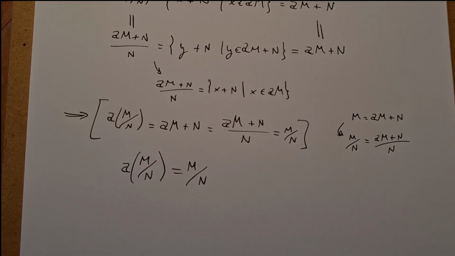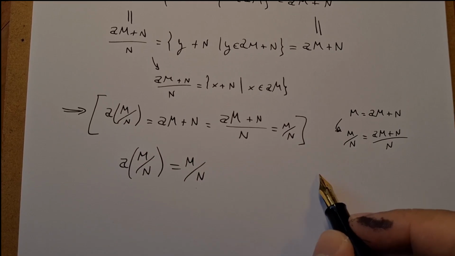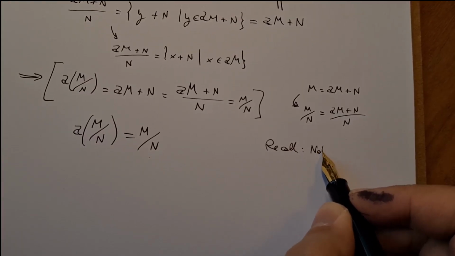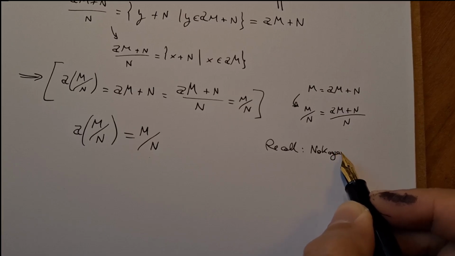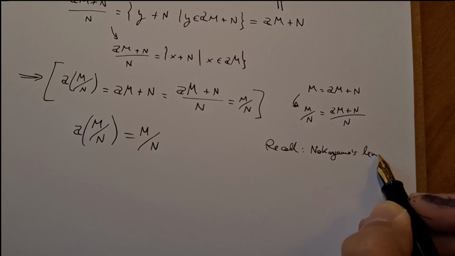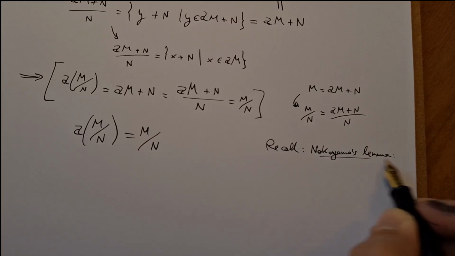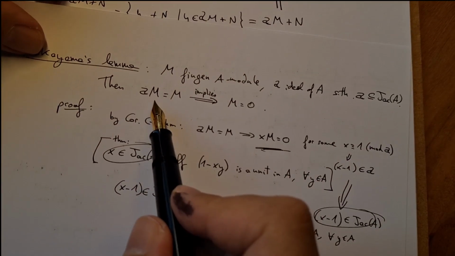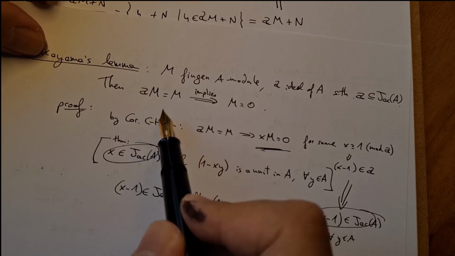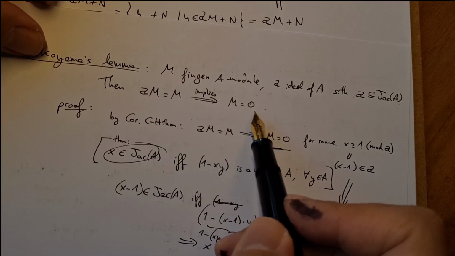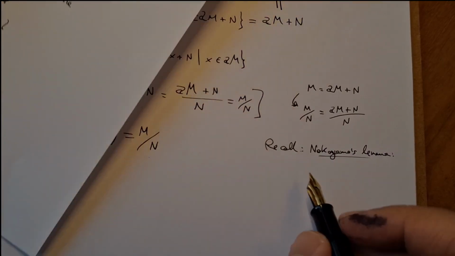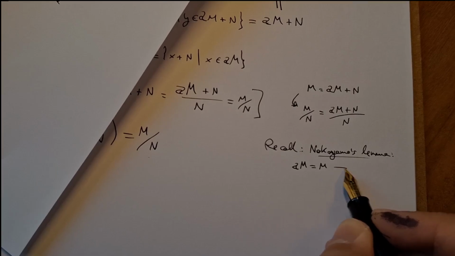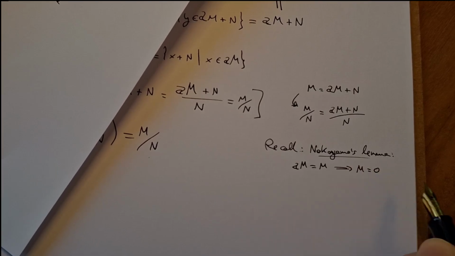Now, by Nakayama's lemma, recall, well, I have it actually here. So by Nakayama's lemma, what we had is that if you have AM equals M, this implies that M is 0.